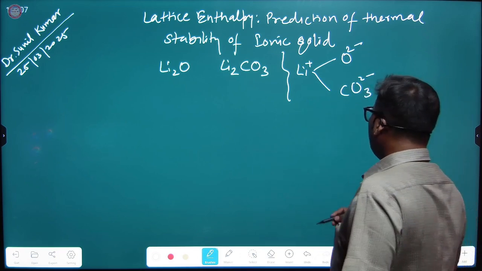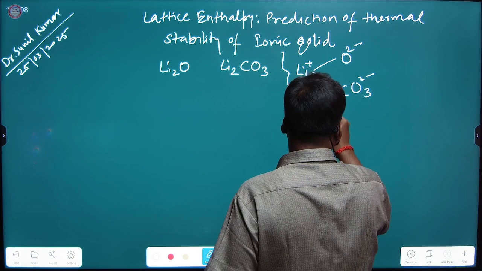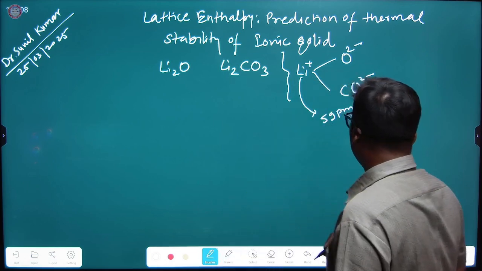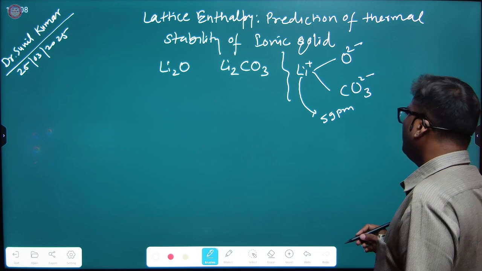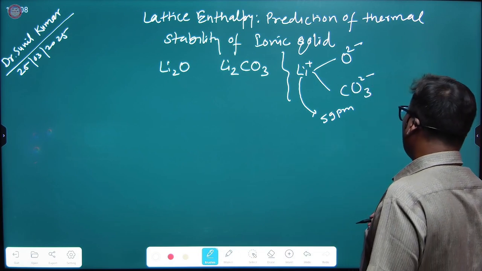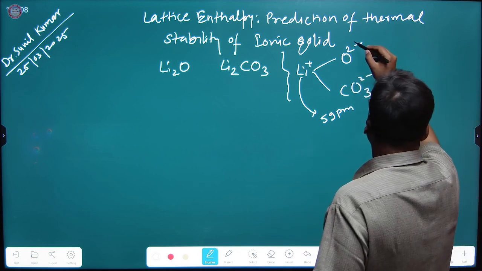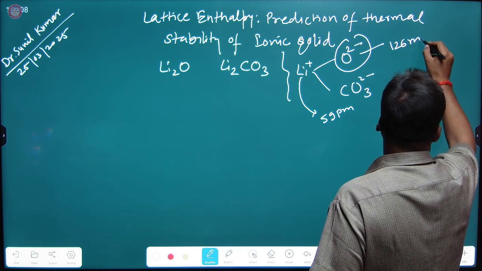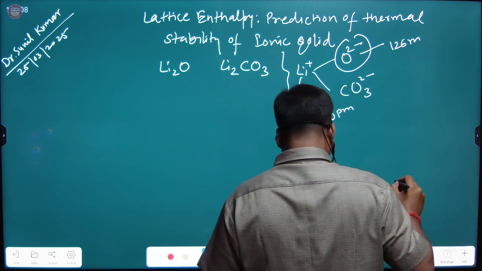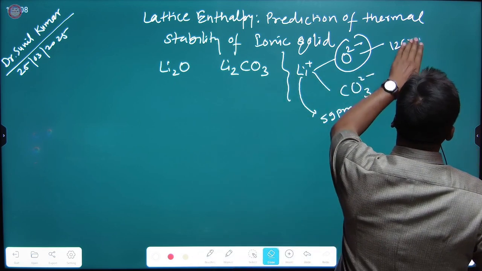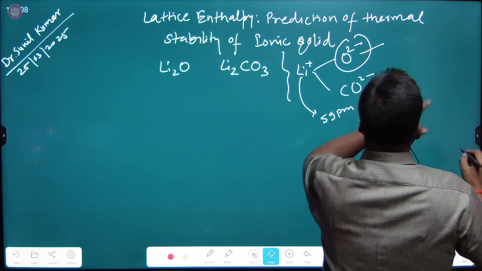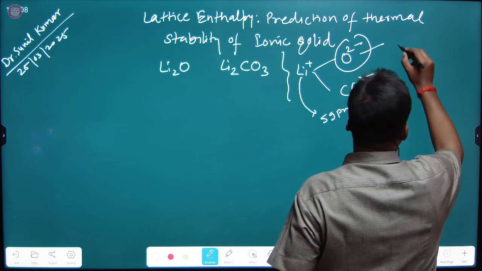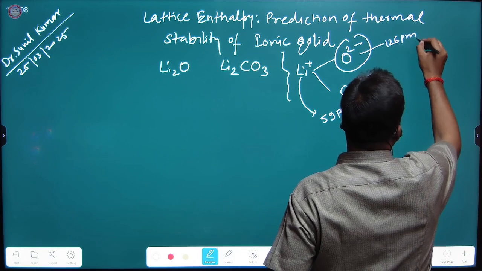As you know, Li+ has a size of 59 picometer, so it is the smallest cation in the first group of alkali metals. The oxide ion has a size of 126 picometer, right?